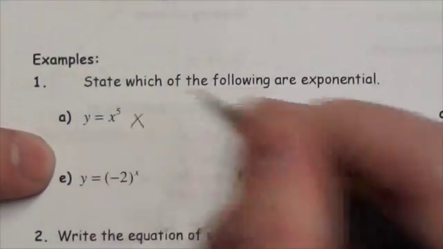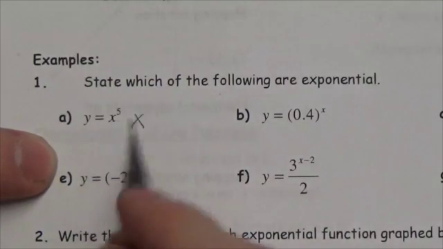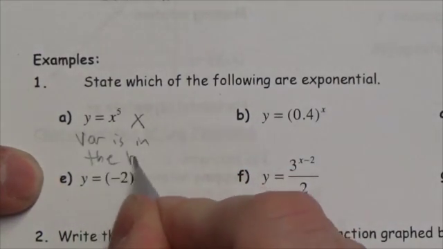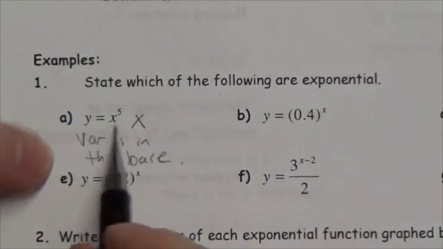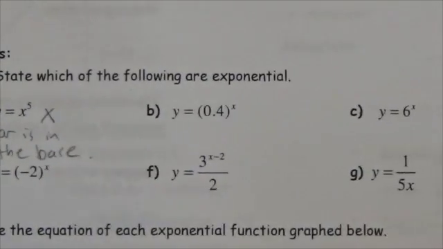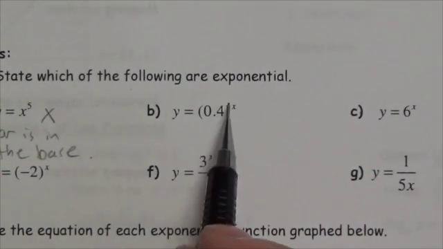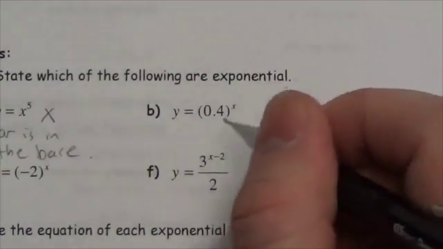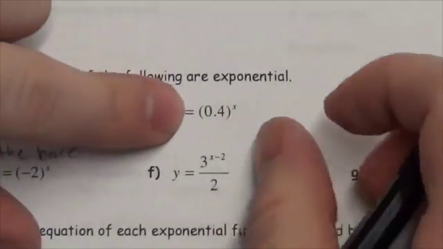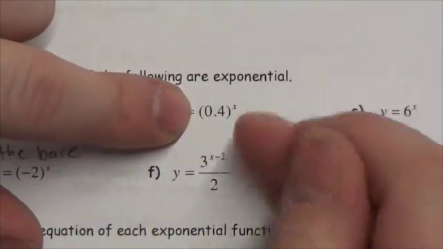This one is not exponential because the variable is in the base of the power. If this had been 5 to the x, that would have worked. This one, y equals 0.4 to the x, the independent variable is in the exponent. It doesn't really matter what my base is, as long as it's between 0 and 1 or greater than 1.